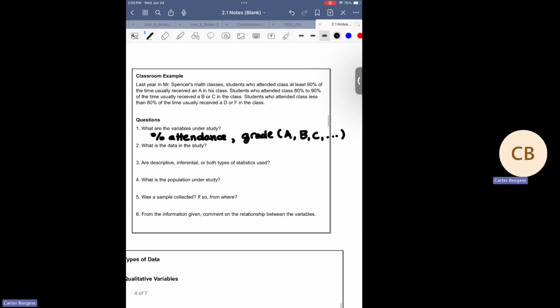Okay, as far as thinking about where these variables are coming from, what is the actual data that is being studied? What would be a point of data for this particular observation?